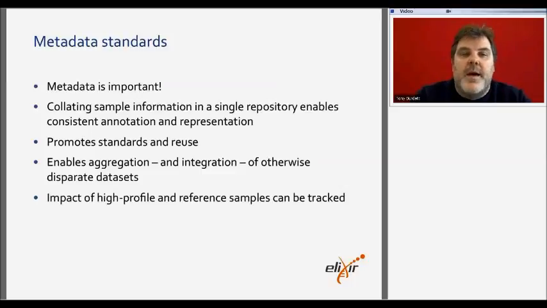We can show in context which standards are being more used in which fields of data, and then we can do things like aggregation and integration of otherwise completely disconnected data sets. And we can also do things like tracking high-profile reference samples, as I've mentioned previously.